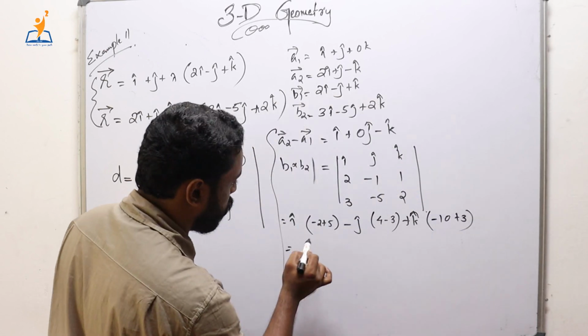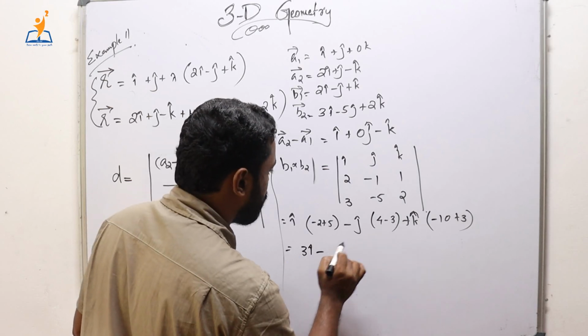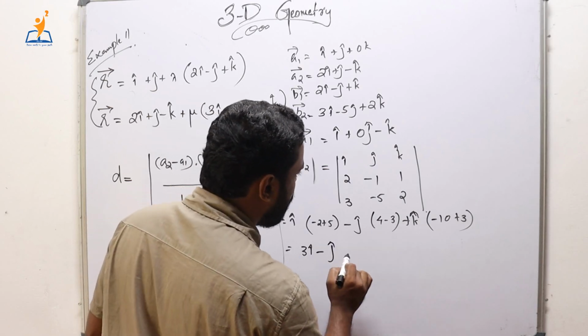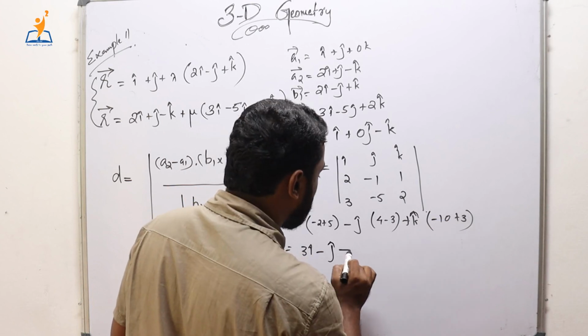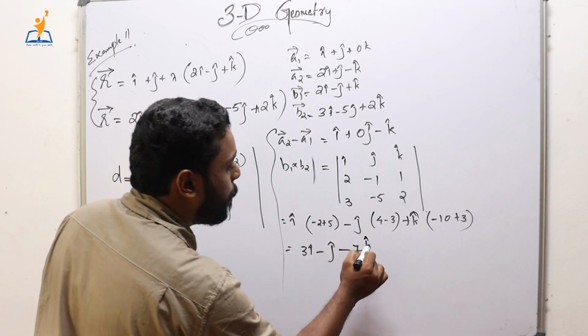It is equal to 3I cap minus 1 J cap plus minus 7 K cap. So this is B1 cross B2.